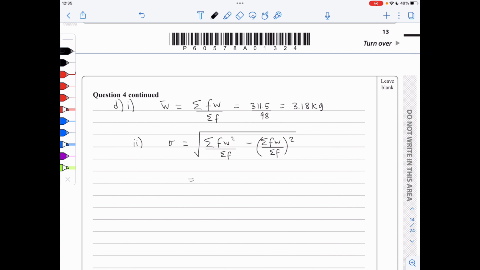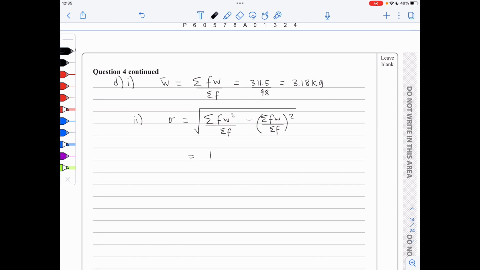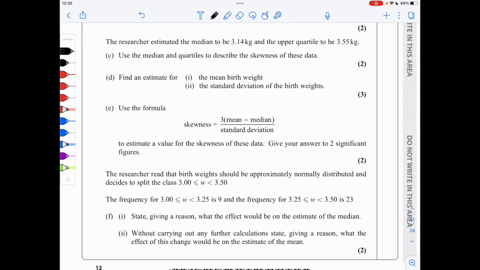So I'm substituting all the given information. 1051.125 over 98 minus 311.5 over 98 squared and then square root. This will give me the standard deviation to be 0.789 kilograms. Quick reminder that the units of measure of the standard deviation are exactly the same as the units of measure of the variable itself, in this case kilograms.